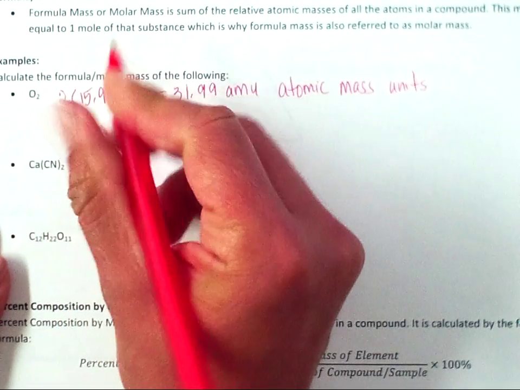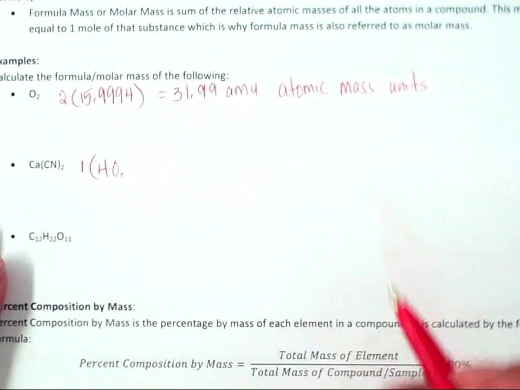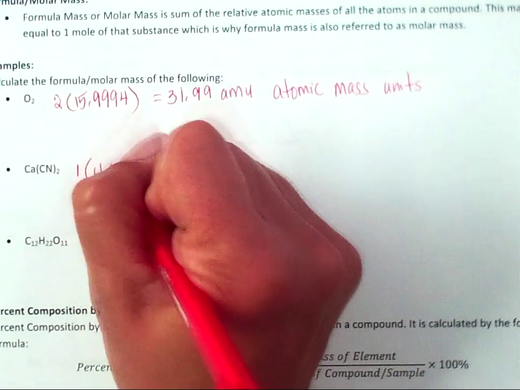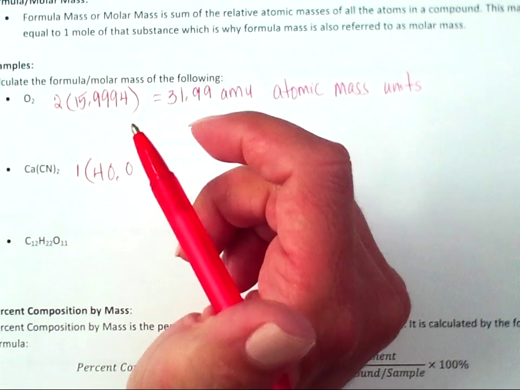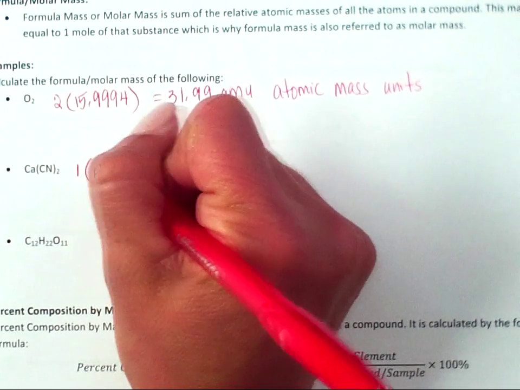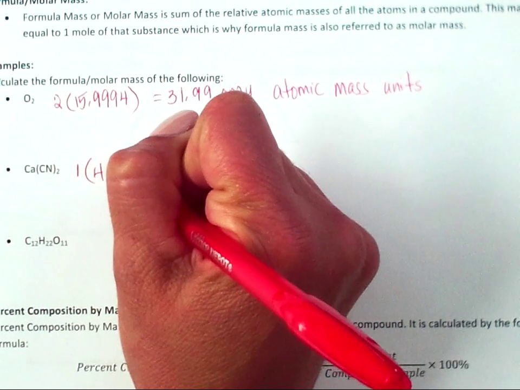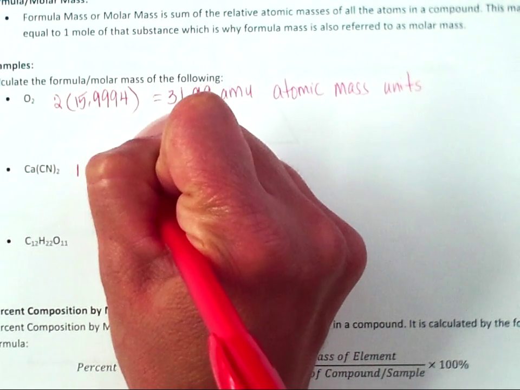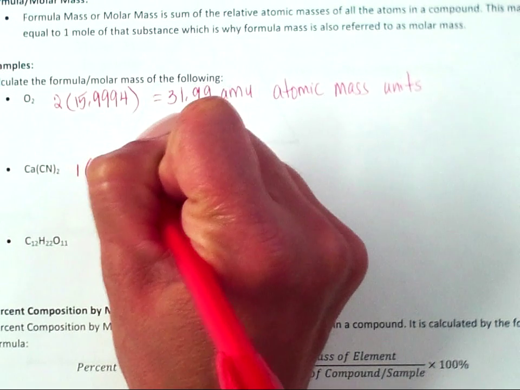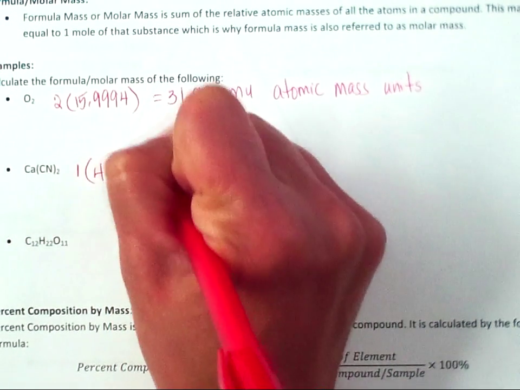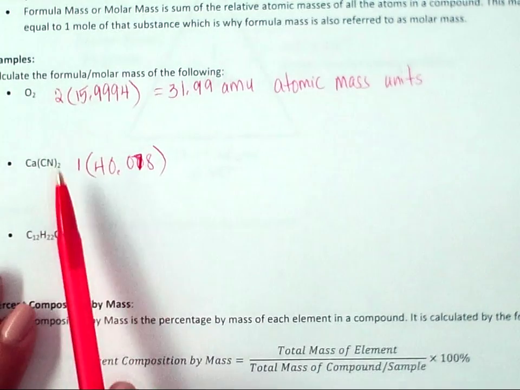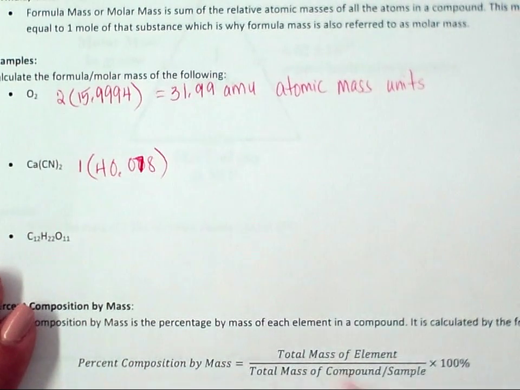Now, by the way, eventually you can round off maybe to 2 decimal spaces after the decimal. But for today, I'm writing out the entire number just so you can see exactly where I get these numbers from. I have 1 calcium, and so that's why I put a 1 there.